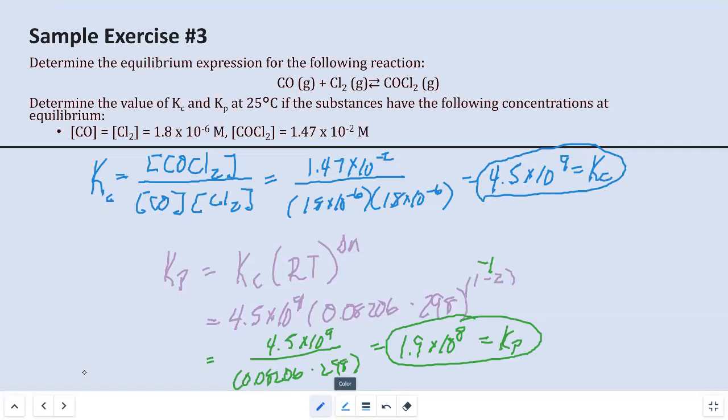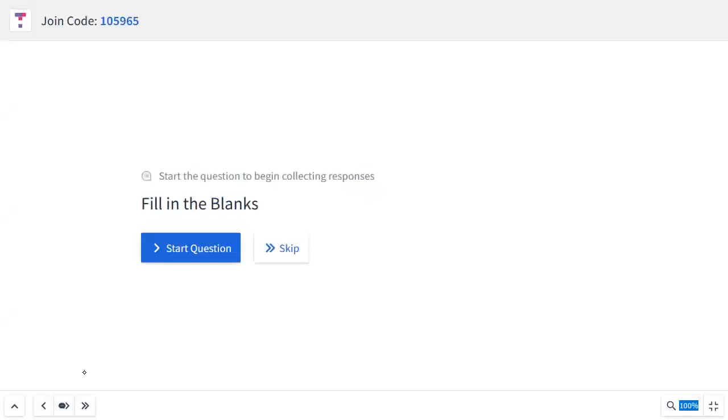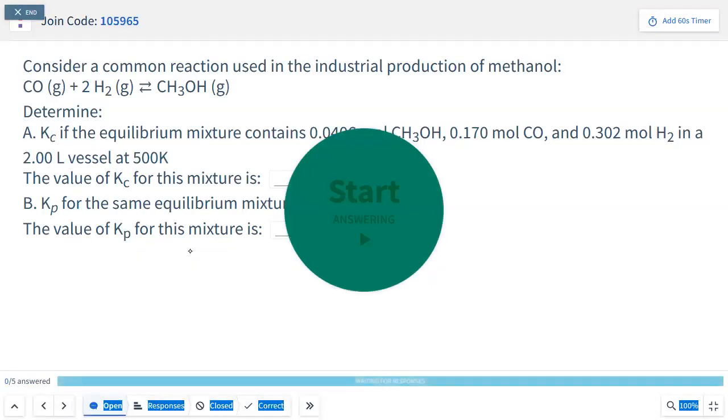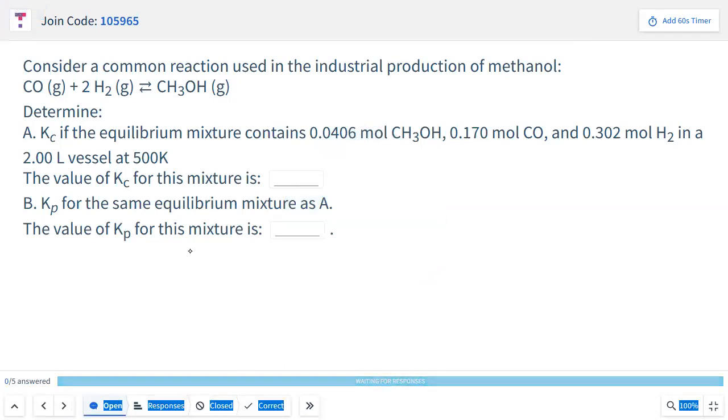All right, any questions with this exercise? All right, so I'm going to invite you to do some of this on your own here. So we've got a different reaction between carbon monoxide and hydrogen to make methanol.